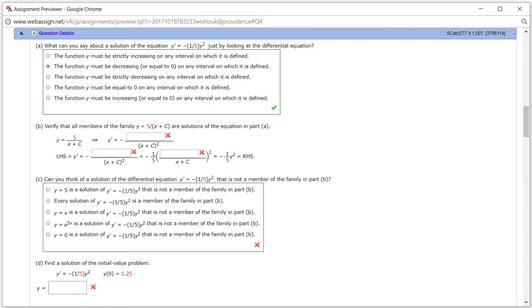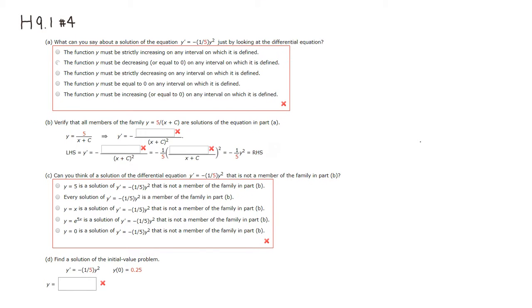All right, so let's see. We want to take the derivative, so that's pretty simple, right? So I'm going to go ahead and take the derivative. So we have y prime is equal to, all right, I'm going to use a quotient rule here. You have the denominator squared, right?